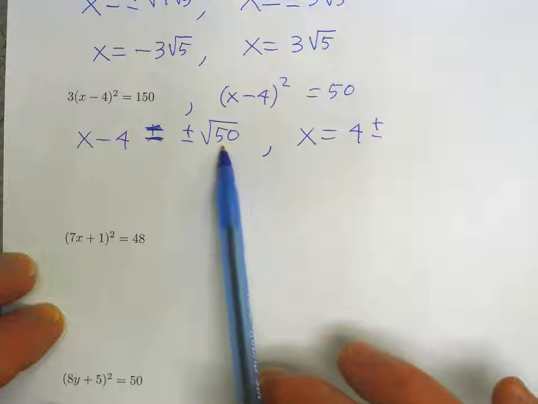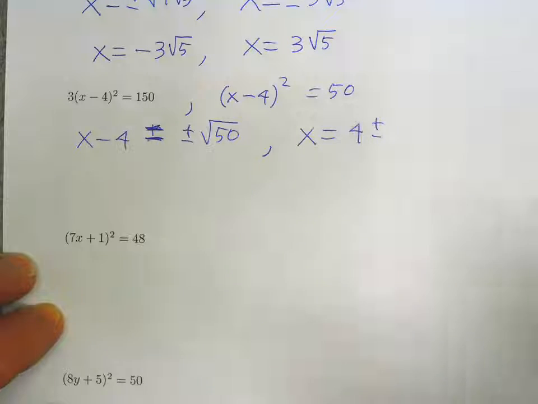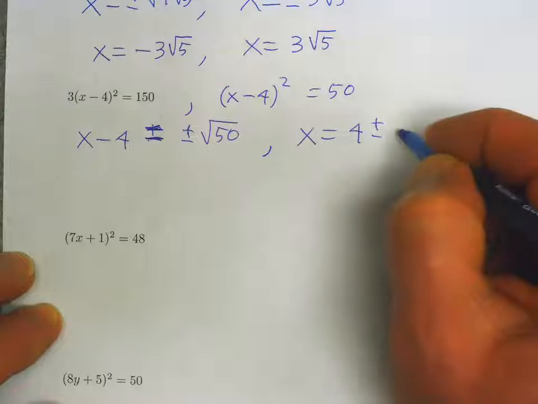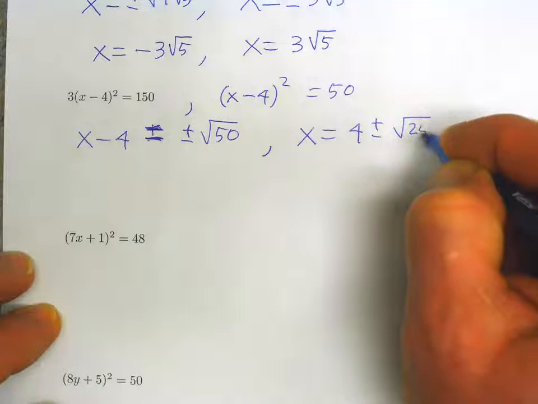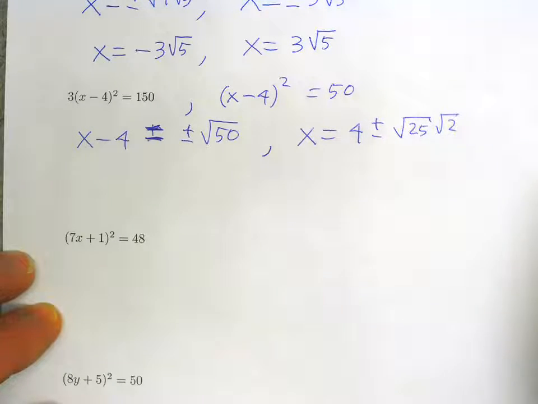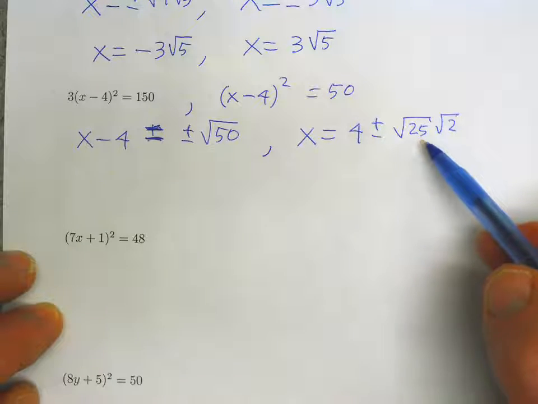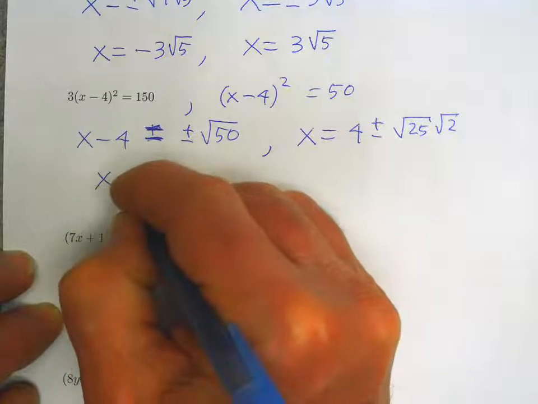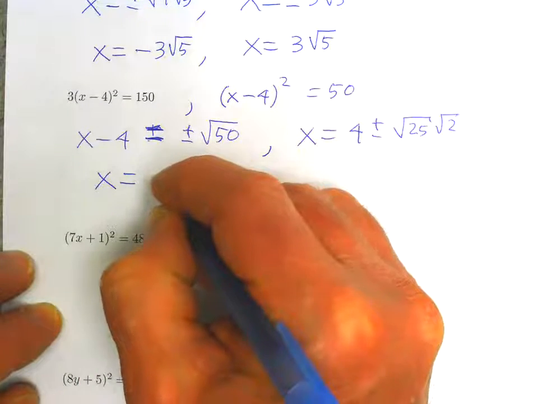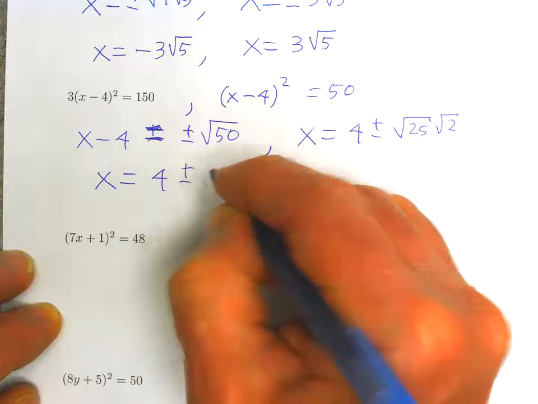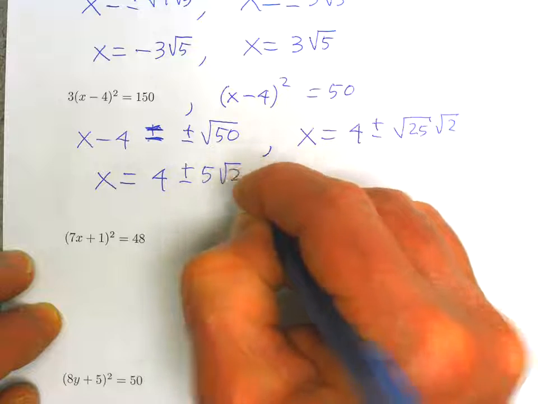The largest factor of 50 that's a perfect square is 25. So the square root of 50 is the square root of 25 times the square root of 2. And then in the next step, we'll simplify the square root of 25 to 5. So our two solutions are x equals 4 plus and minus 5 times the square root of 2.